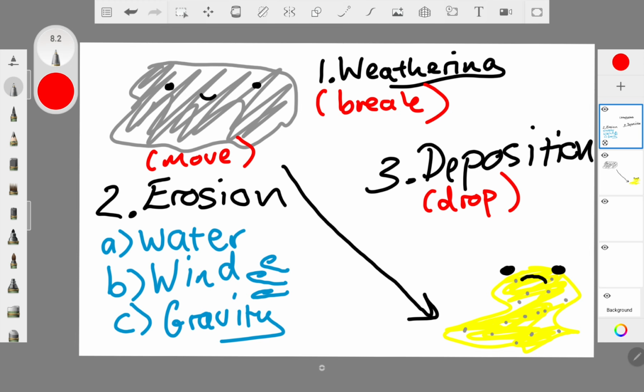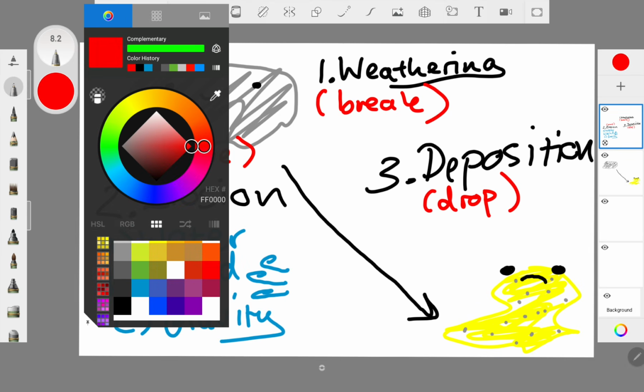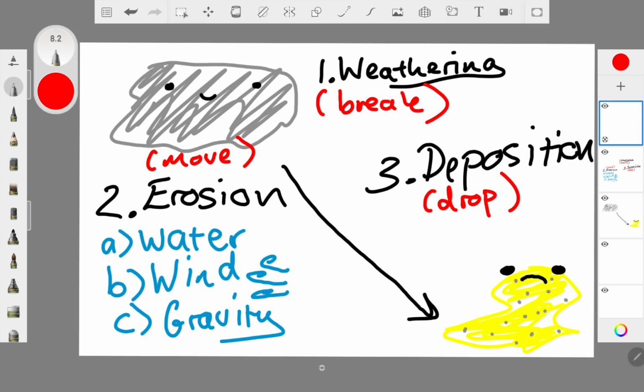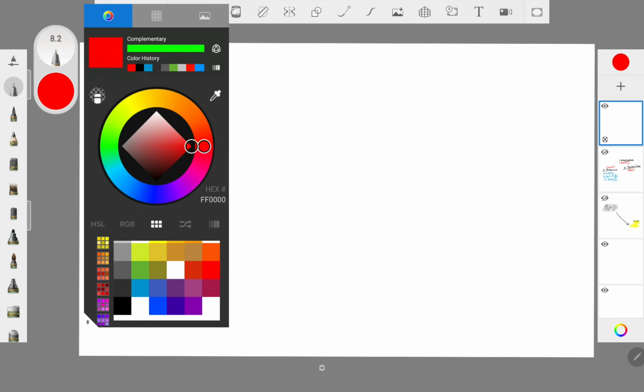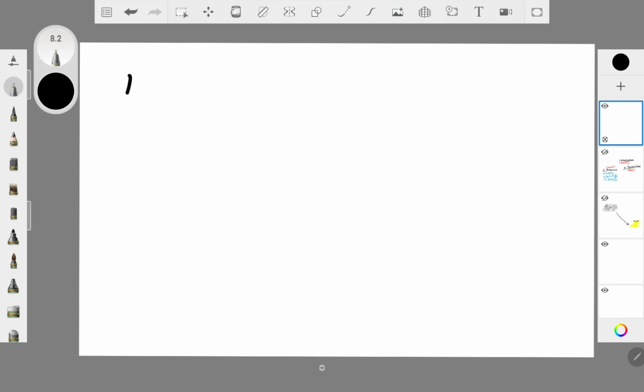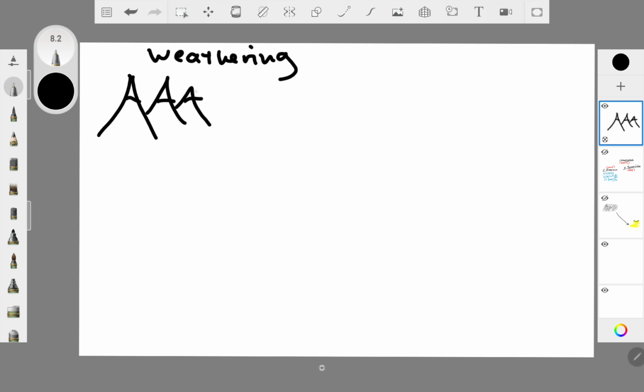Okay? So, we'll do a very quick start to end, because I'm aware we need to get on to the next topic. Let's say we've got a mountain here, yeah? Mountain range. So, weathering, let's say freeze-thaw, breaks the rocks on the mountain down into sediment, yeah?